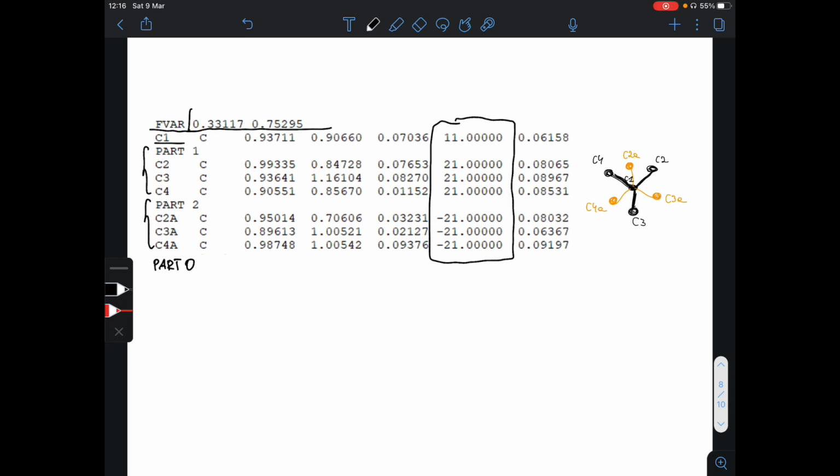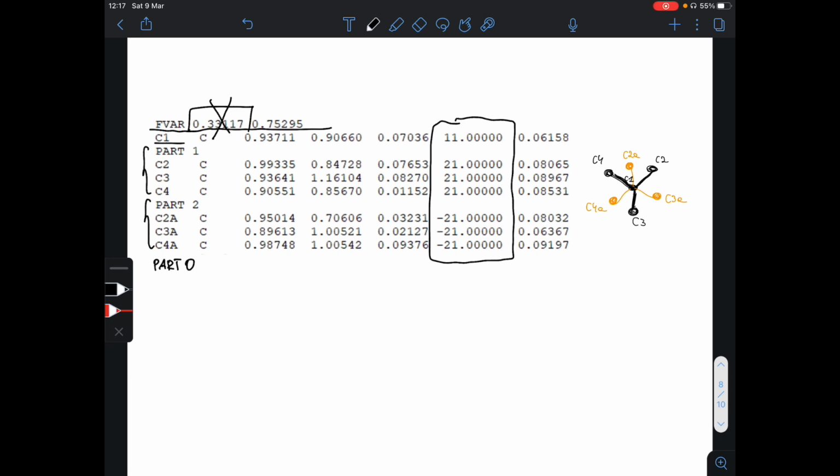The first free variable is an overall scale factor. It's something that normalizes the observed reflection intensities, and we're not going to touch it. We don't look at this. What is important are other free variables that we're going to add after this number, when we refine disorder.